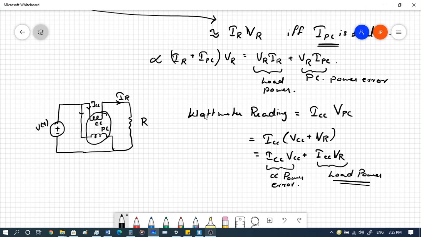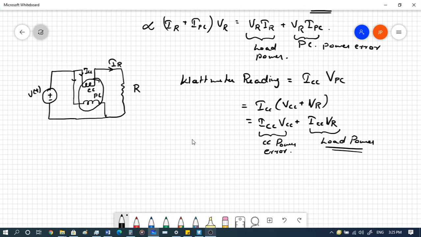So here also if the value of RCC, the resistance of current coil, is very low, then VPC will be approximately equal to VR, and we can neglect the error in this case.